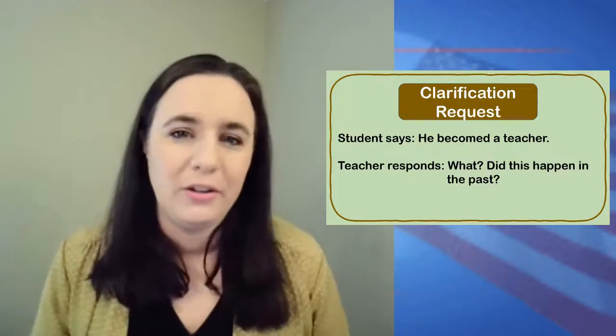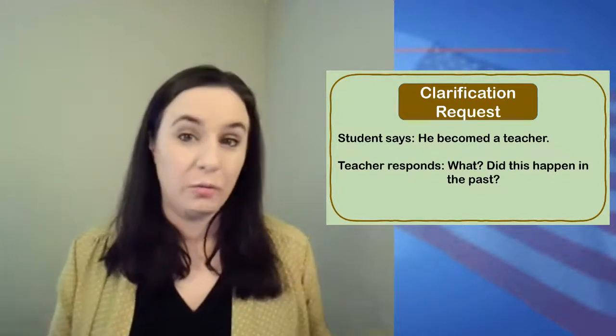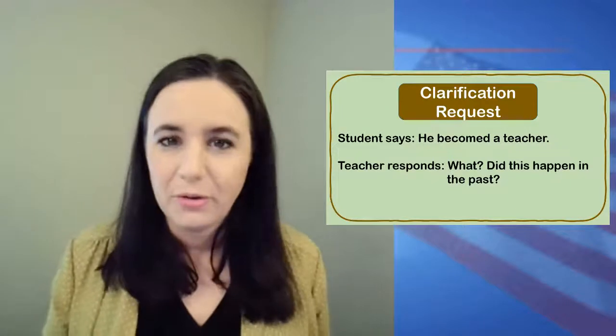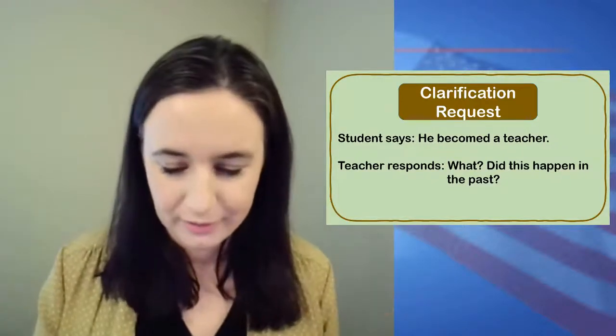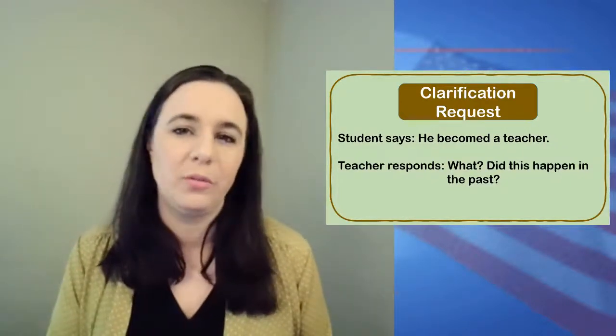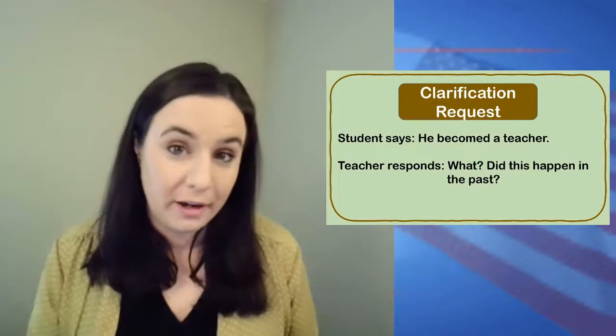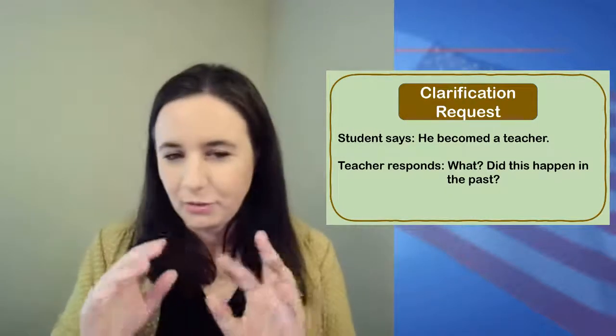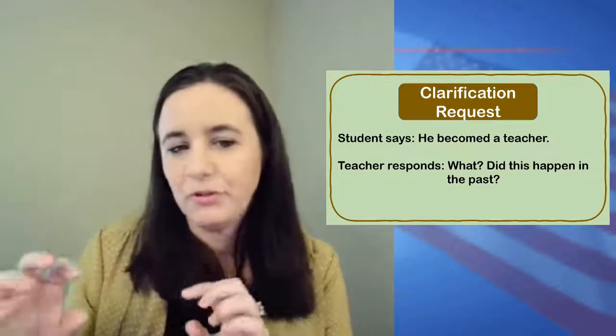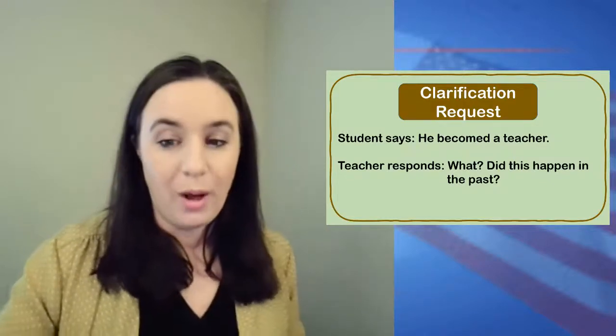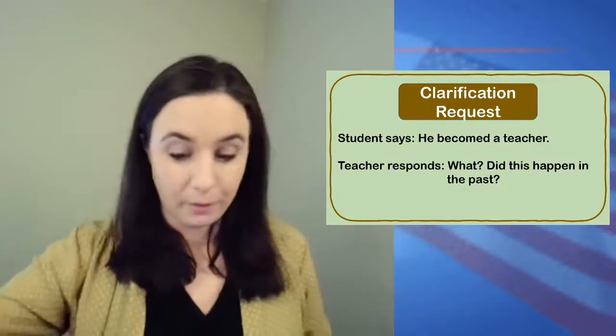So if you want to use the clarification request strategy, you're going to ask questions to help the student realize that there was an error. You're trying to bring their attention to it, but you're not really giving them what they need to do.